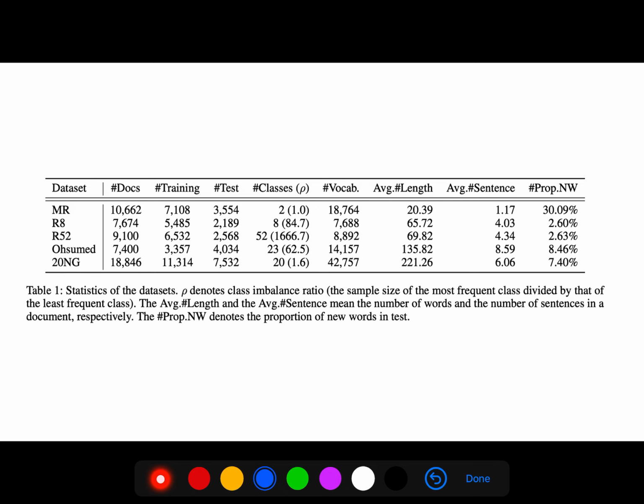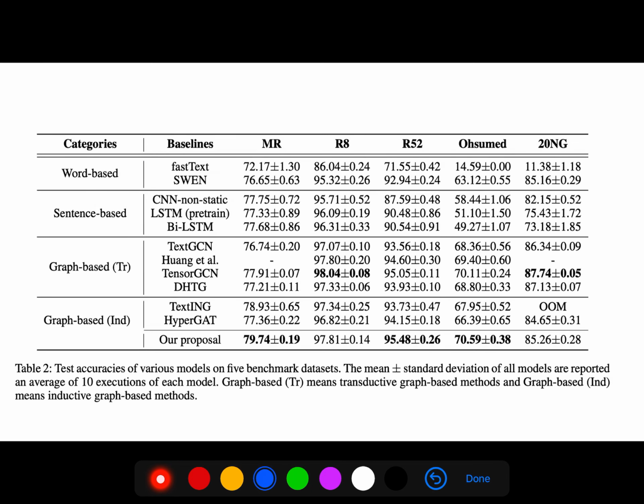And each dataset has a different number of documents. So we have different categories. It could be word-based, sentence-based, graph-based, and graph-based ind. It means inductive. This is an inductive graph. But this is transductive.